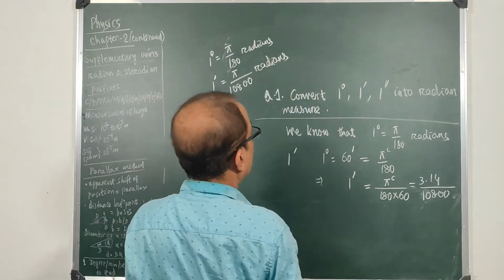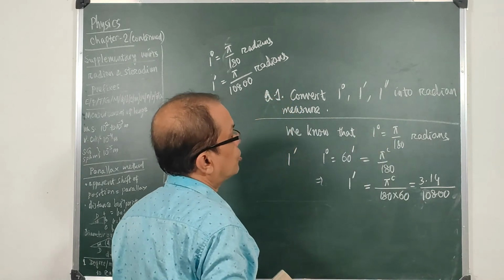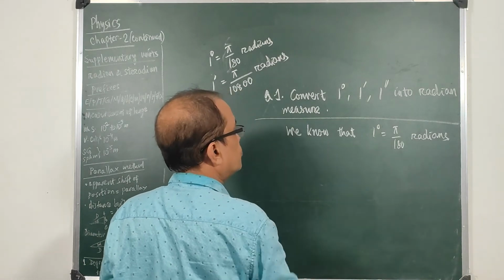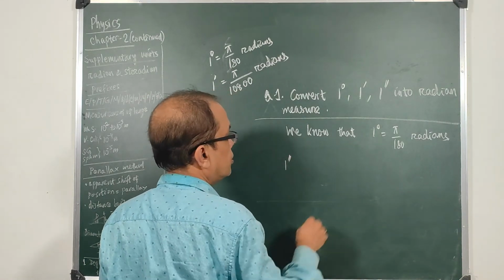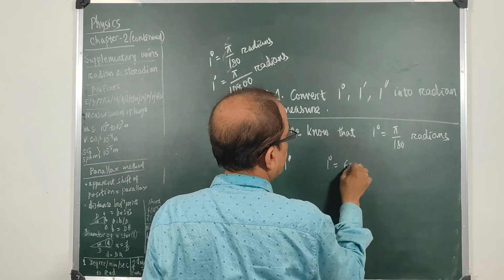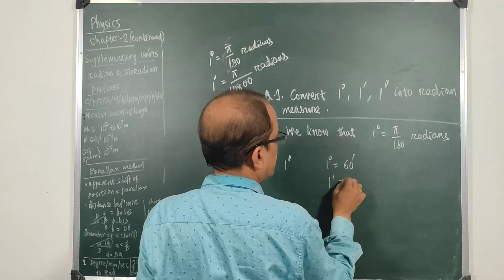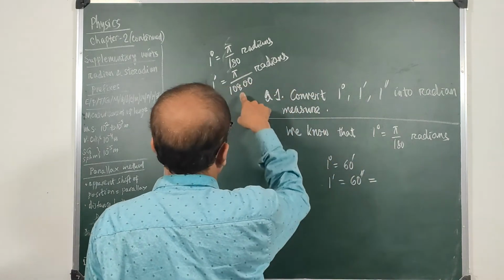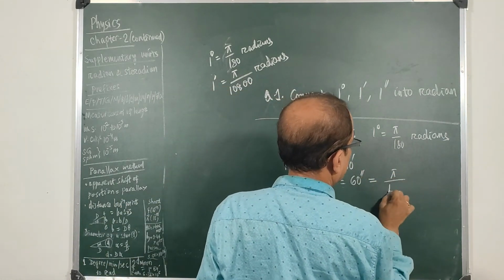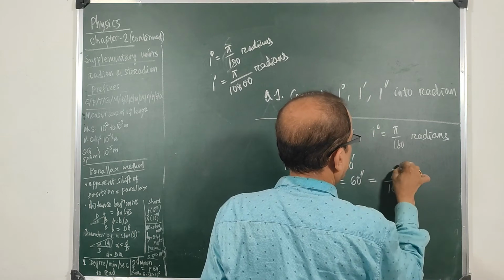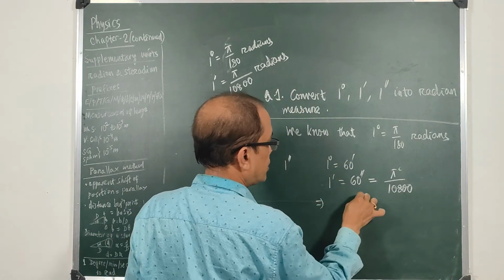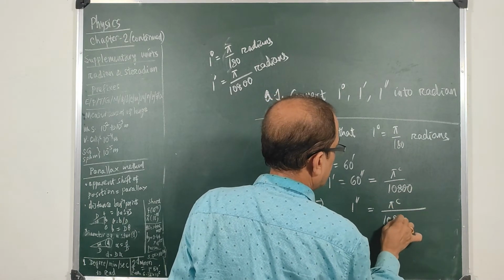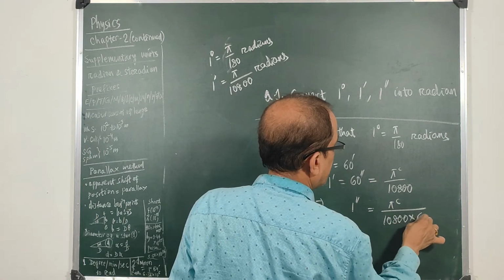And if we want to convert 1 second of arc, what is 1 second of arc? 1 degree is 60 minutes and 1 minute is 60 seconds, and 1 minute measures pi upon 10,800 radians. So how much will be 1 second of arc? That will be pi radians divided by 10,800 into 60 again.